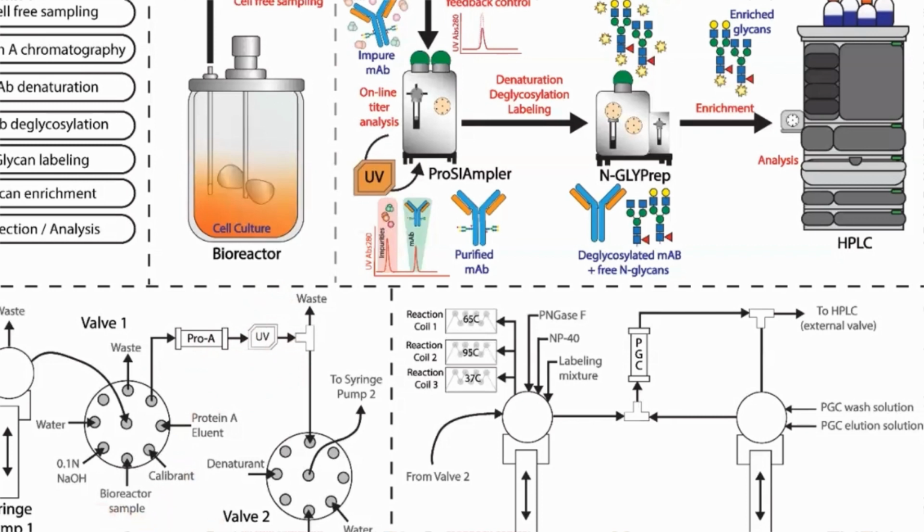All the chemicals we're using, including the calibrant, and the sample from the bioreactor, then go to the second syringe pump here. That sample is where the rest of the chemistry is going on. You have PNGase F, NP40, your labeling mixture, and SDS all going in with the sample, doing the glycan chemistry, going to this PGC column, and then being injected onto the HPLC afterwards.